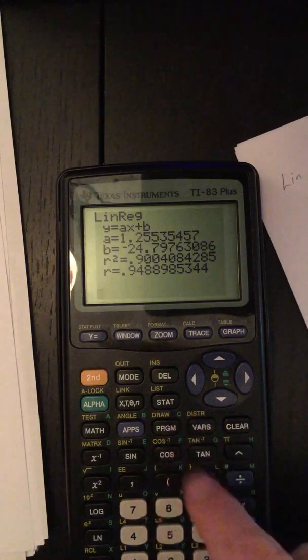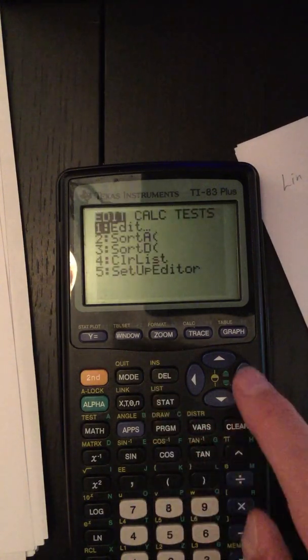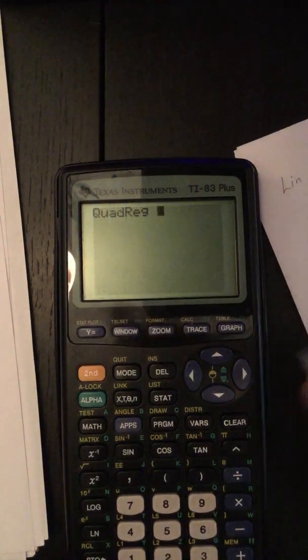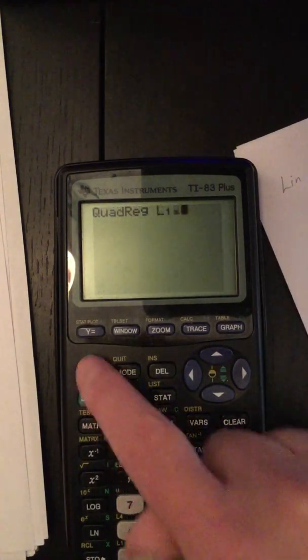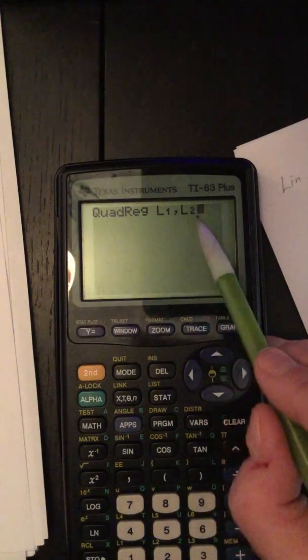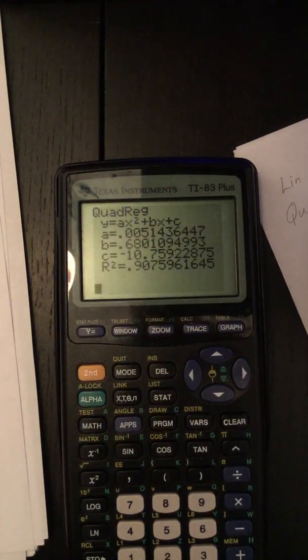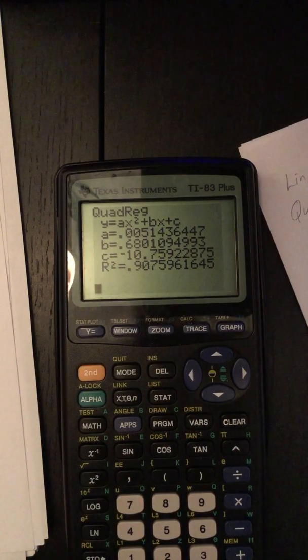Never mind. Now we're going to clear that and we're going to do our quadratic. So that's 5, and I go second function 1, comma, second function 2, so that I'm looking at the x's and y's, and then enter. So our quadratic r² is equal to 0.9075, okay, we'll include that.